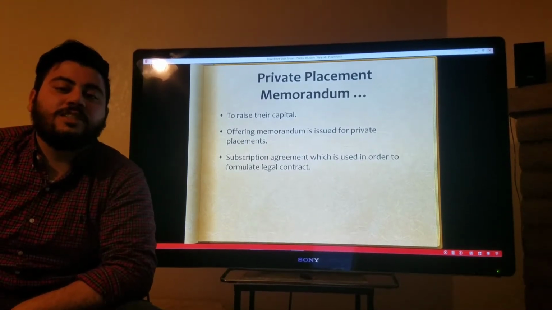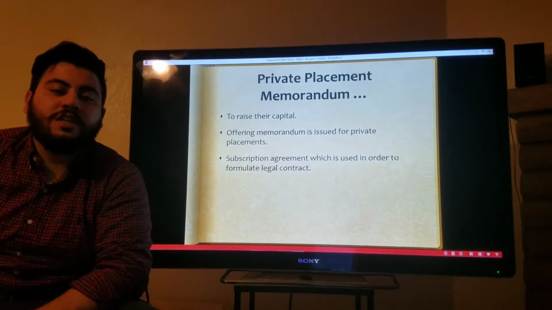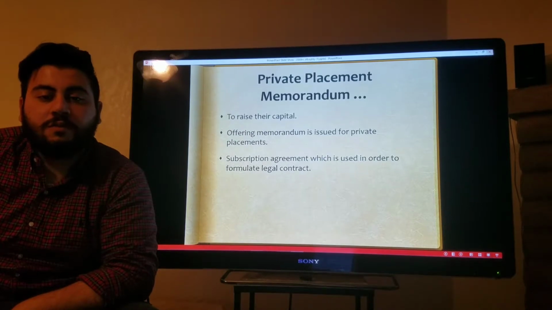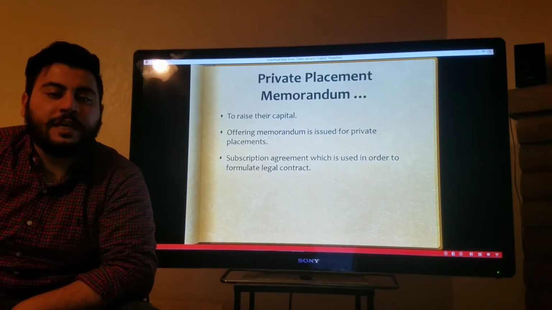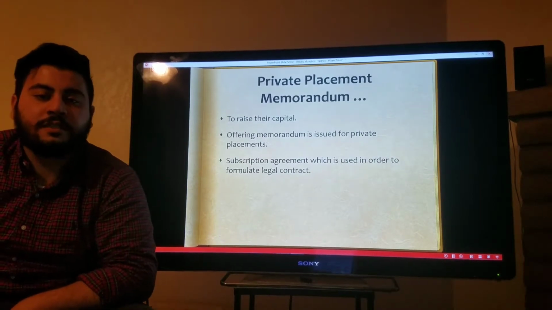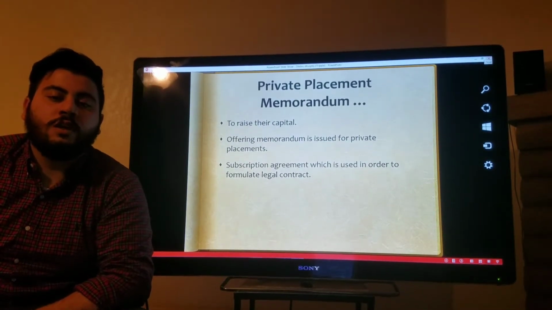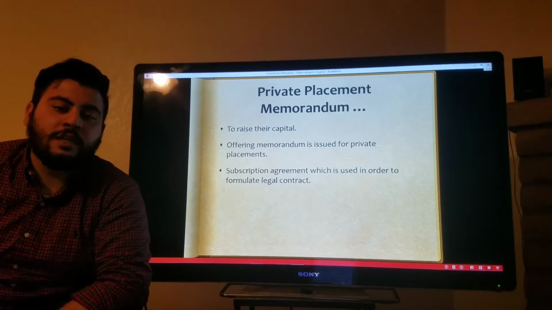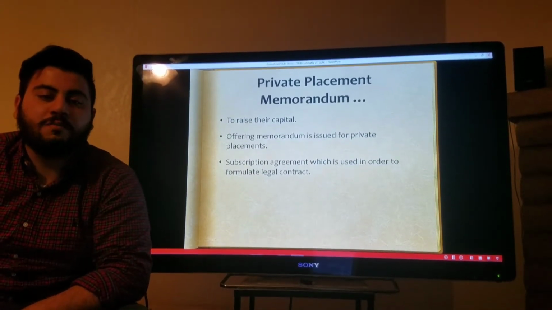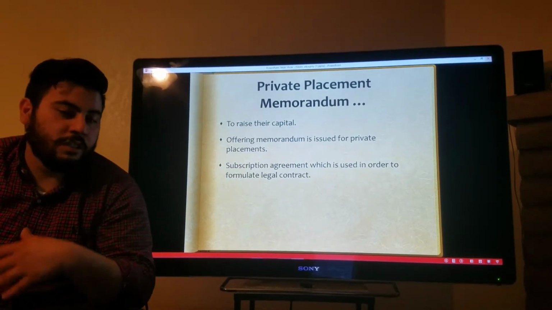They are not issued for public investment purposes. Private placement memorandum also contains a subscription agreement, which is later used in order to formulate the legal contract between the involved parties in the private placement memorandum.